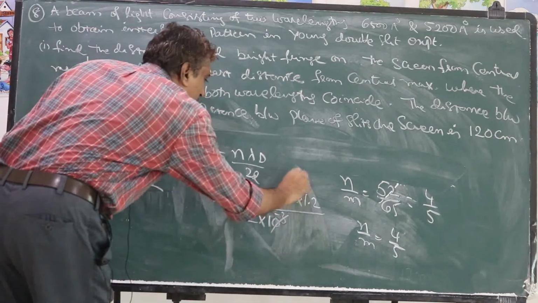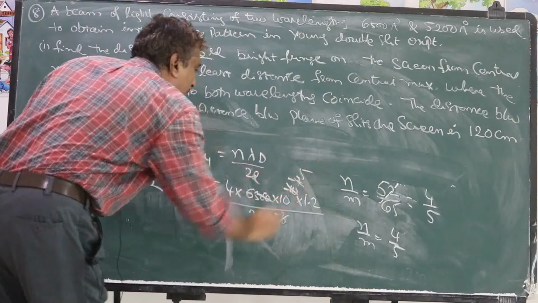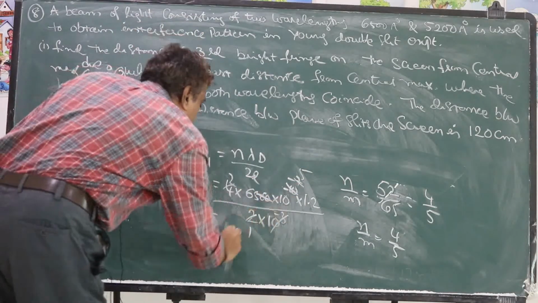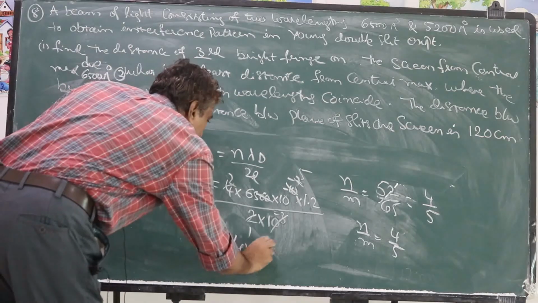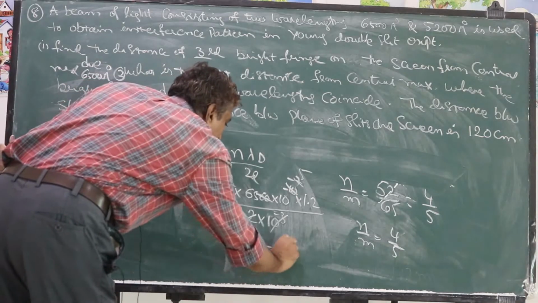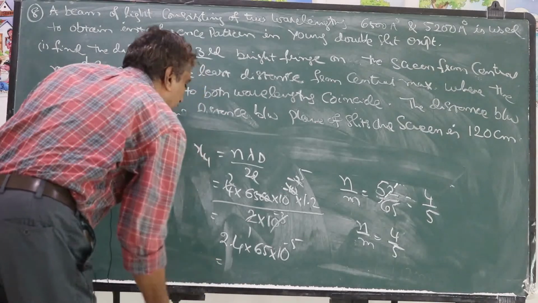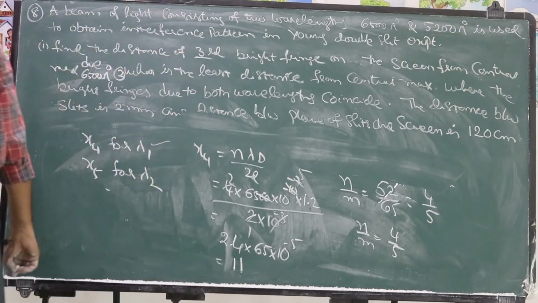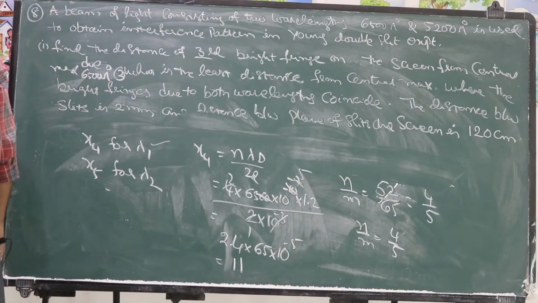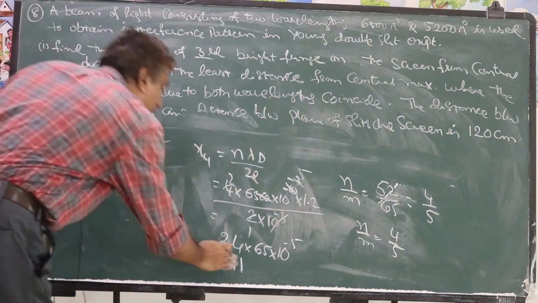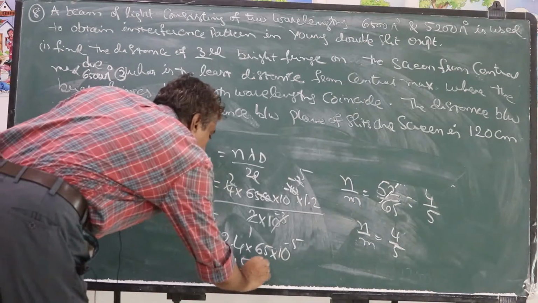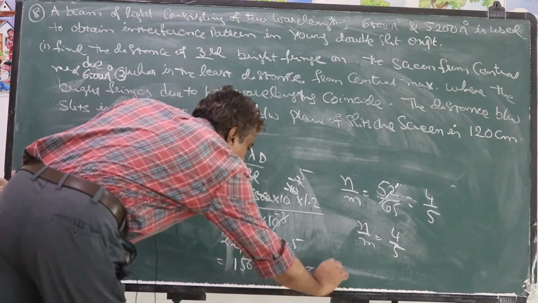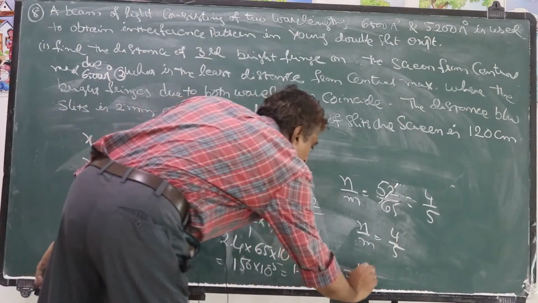So minus 7, so it's minus 5, that is 2.4 into 65 into 10 power minus 5, and this is approximately 156 into 10 power minus 5. That is 1.56 into 10 power minus 3, and that is 1.56 millimeter.